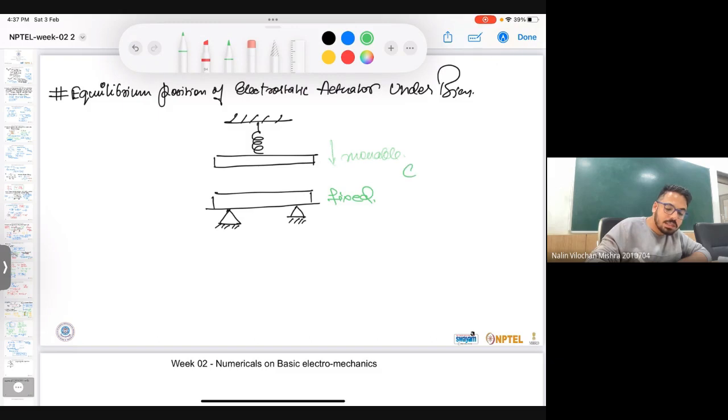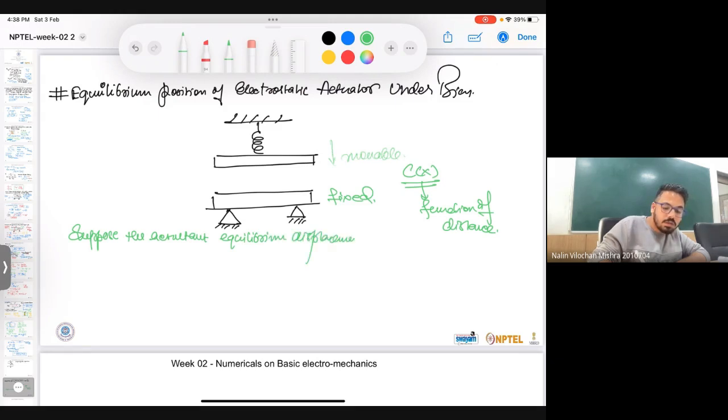So the capacitance is basically a function of distance. Okay, suppose the resultant equilibrium displacement is x.